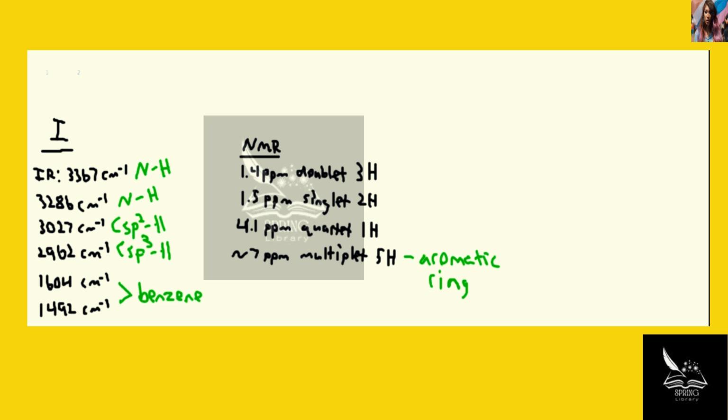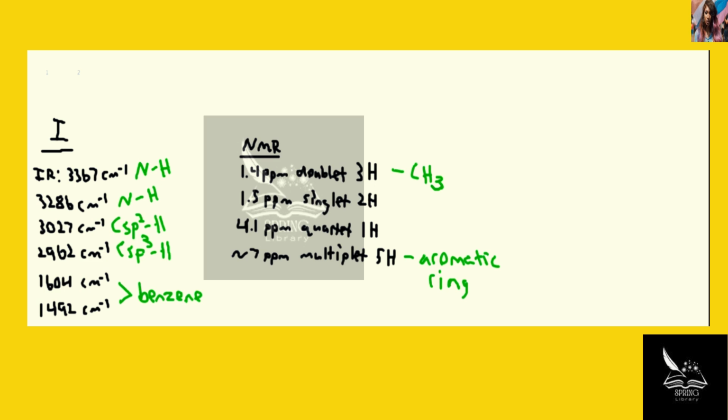Okay, so there's our aromatic ring. So then we have 3 more signals. And so looking at the first one, this is a doublet. It integrates to 3. And so this to me is a methyl group. So this is a CH3 with one neighboring proton, which is why it's split to a doublet.